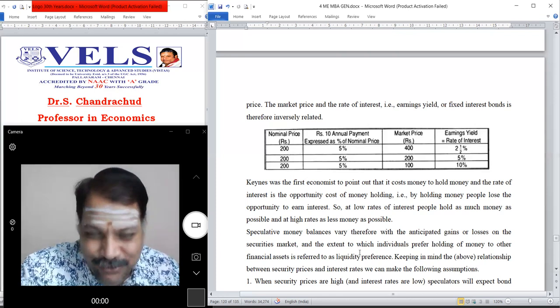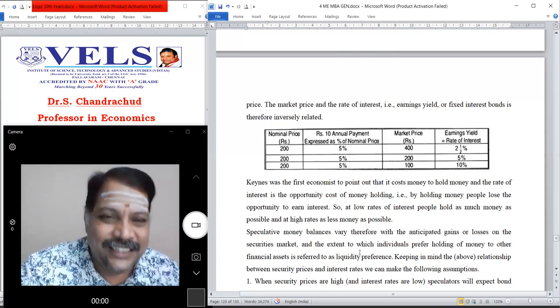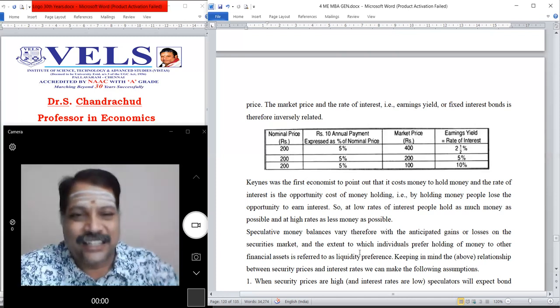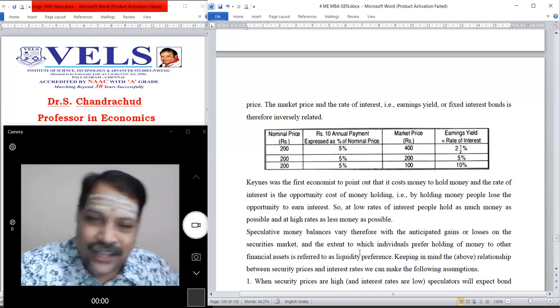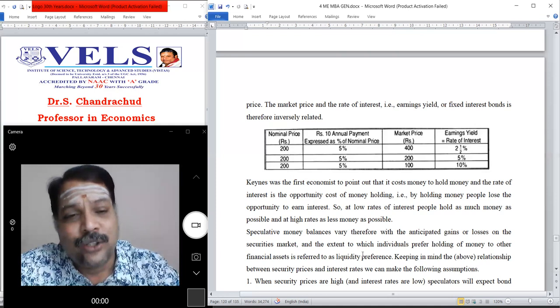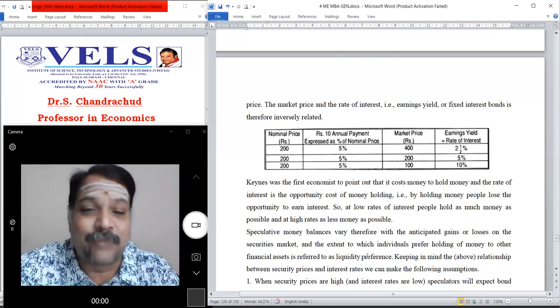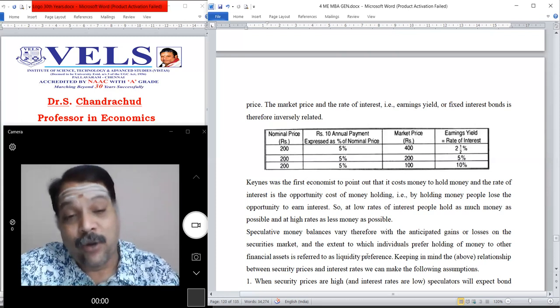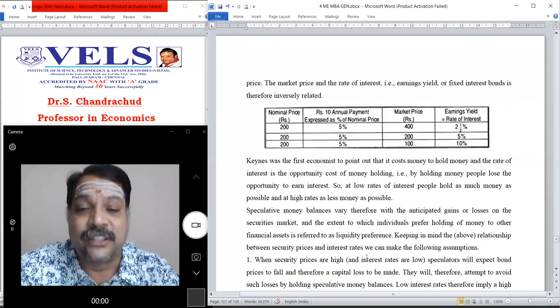So with this simple example, we have divided the liquidity preference theory into 3 basic categories: transaction motive, precautionary motive, and speculative motive. Keynes was the first economist to point out that it costs money to hold money, and the rate of interest is the opportunity cost of holding money. That is, by holding money, people lose the opportunity to earn interest.